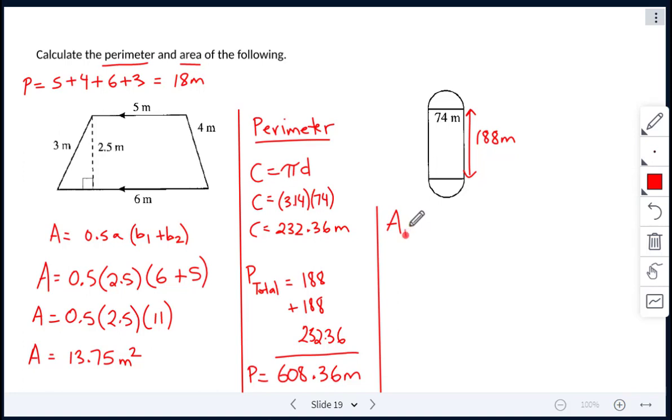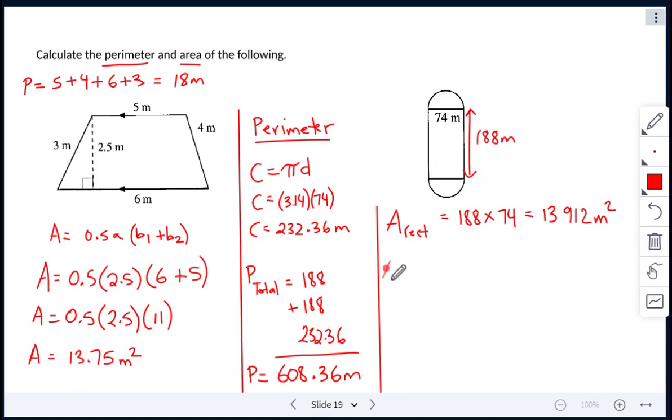So area of the rectangle is length times width. So 188 times the 74, which gives me 13,912 meters squared. That's the area for the rectangle.